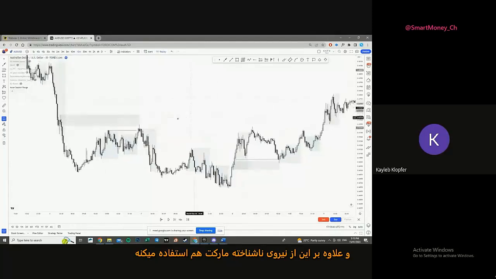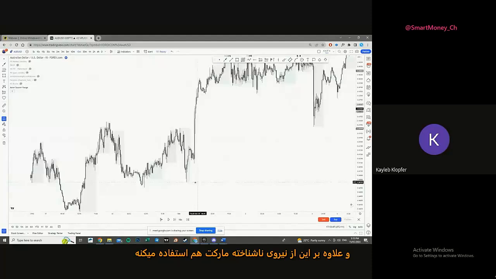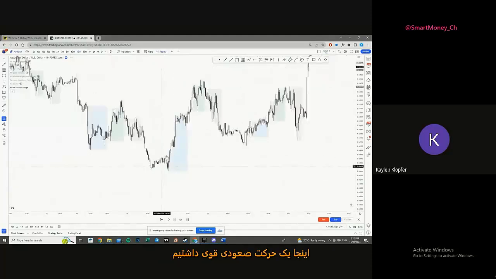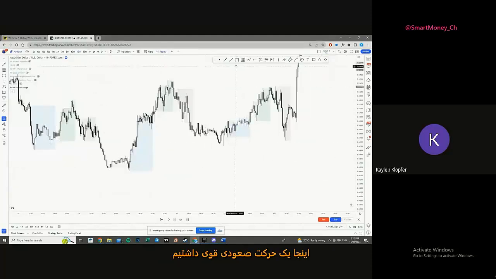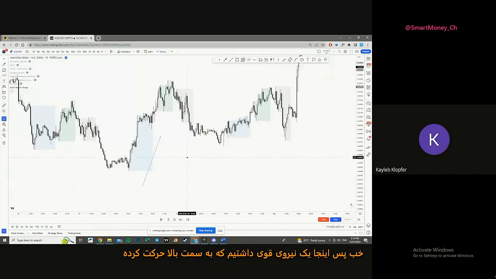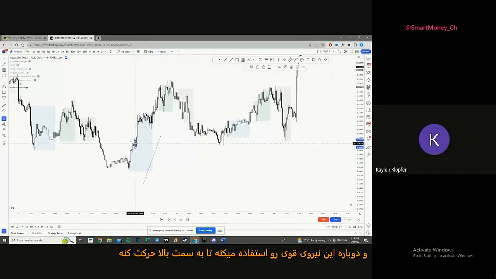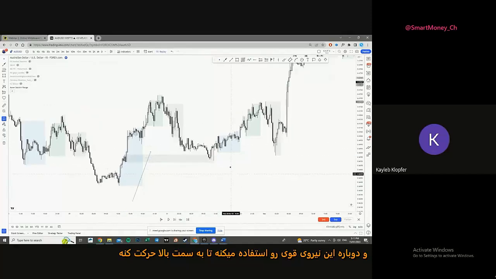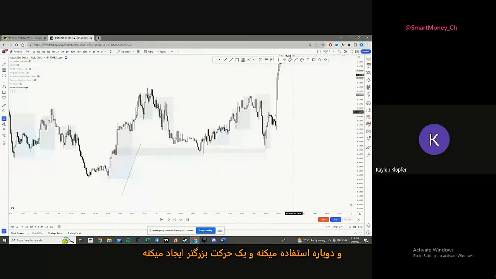But it's also utilizing the force of the market's movements. Here we had a strong push up, so we had this creation of force that pushes up. Now what happens is price rebalances and reutilizes that strong force to push up, and then push up again, and creates an even bigger move.